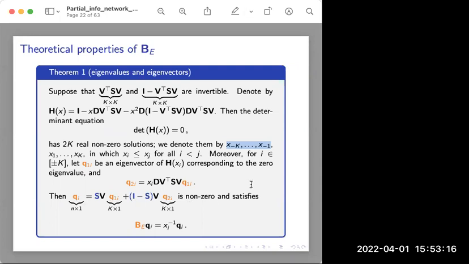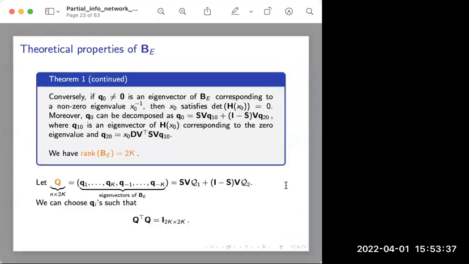After this complicated construction, we have exactly the eigenvalues and eigenvectors of the BE matrix. This construction gives us xi inverse as an eigenvalue of BE, and Qi is an eigenvector of BE. And the converse also holds.